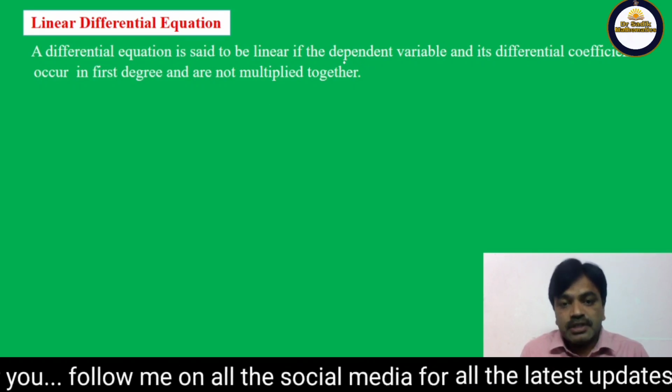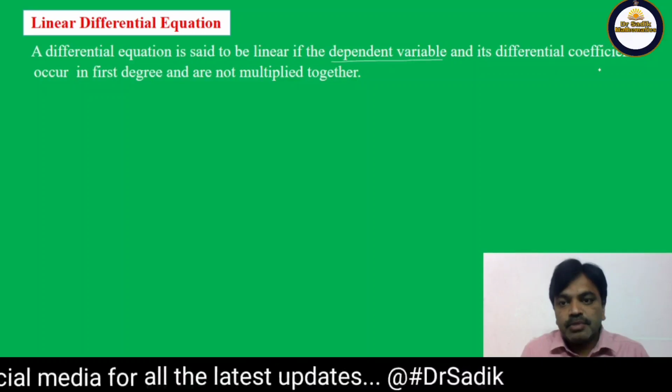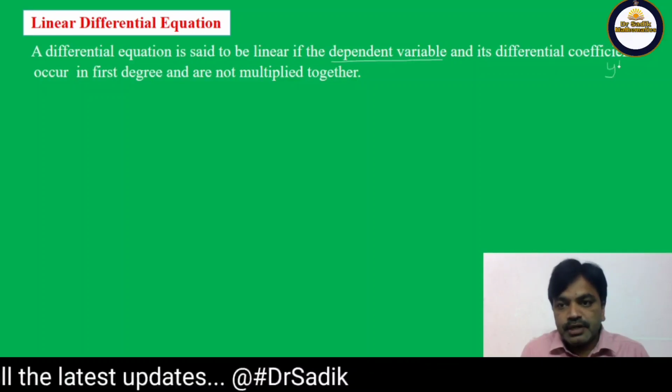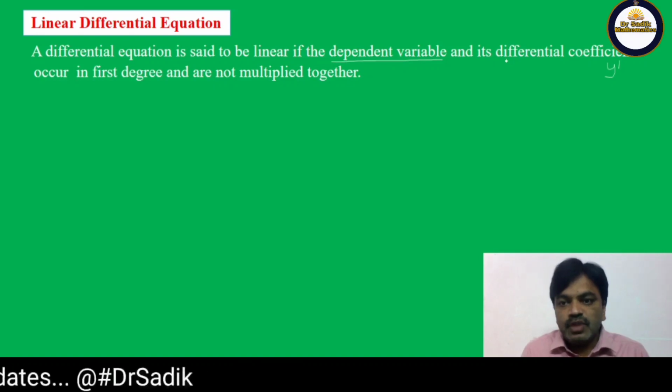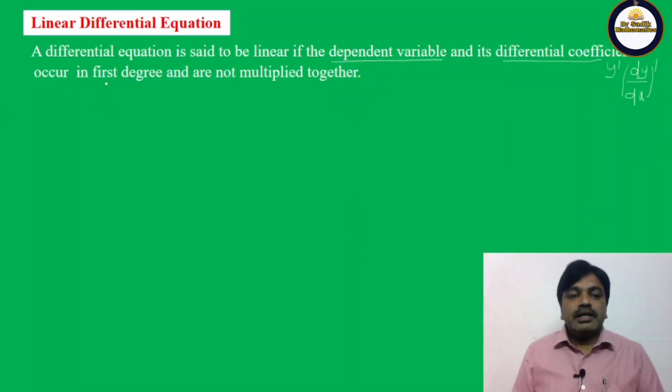The dependent variable is y, and its degree is 1. Differential coefficient means dy by dx, and this degree is also 1. They occur in first degree and are not multiplied together.